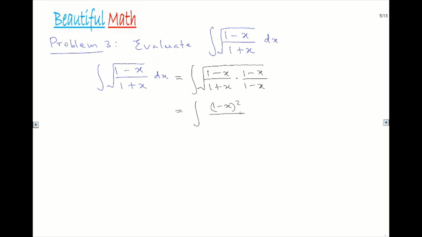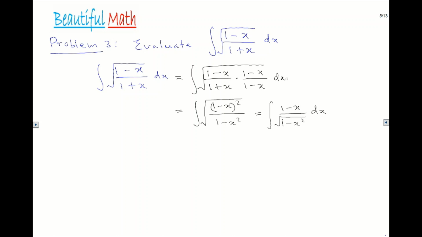In the bottom, due to the difference of squares, you get 1 minus x squared under the square root. So if you take the square root, you're going to get 1 minus x in the top. In the bottom, it is the square root of 1 minus x squared, the integral dx.